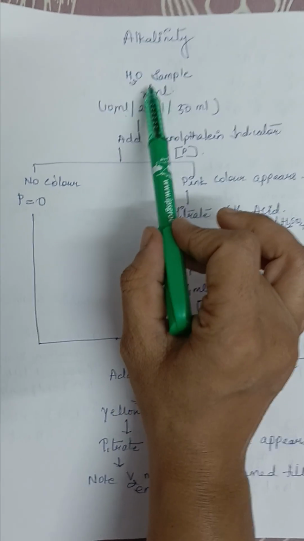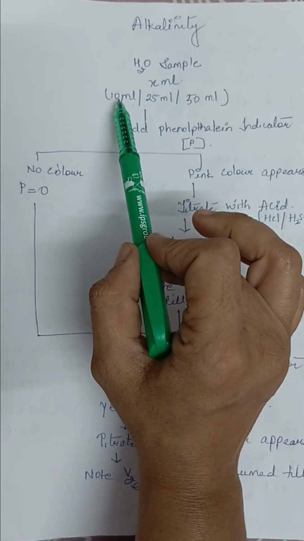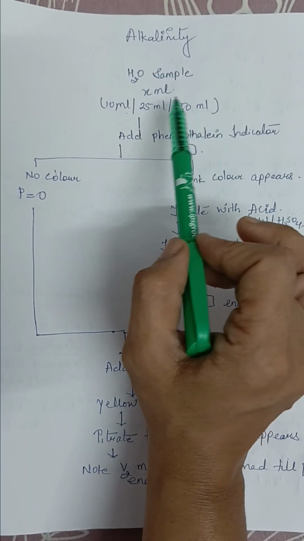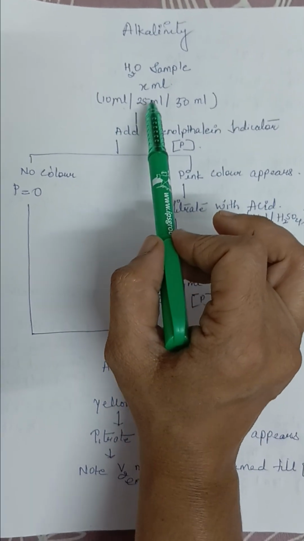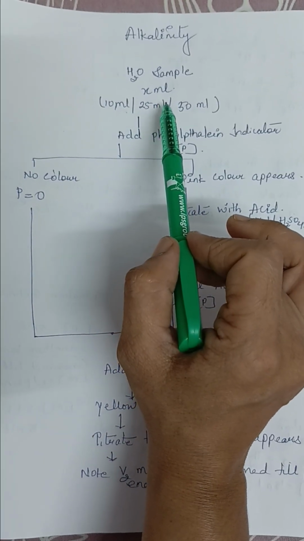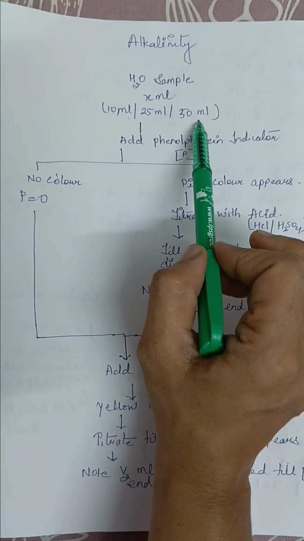The volume of the sample taken can vary from 5 ml to 200 ml to 500 ml. Any of the data can be given in the numerical. It can be 10 ml, 25 ml, 50 ml, and so on.